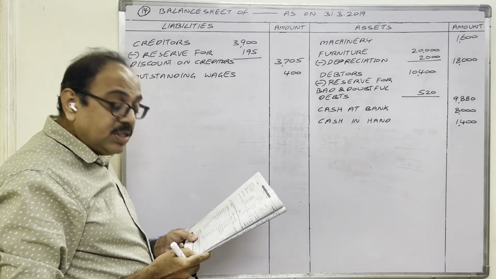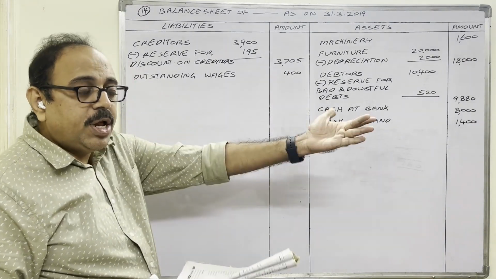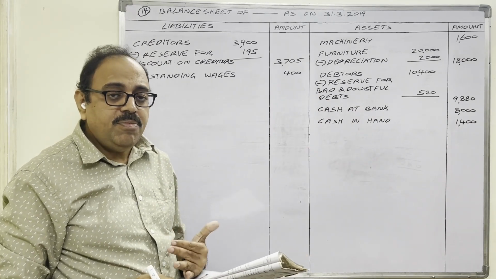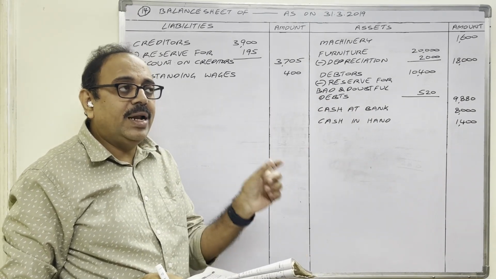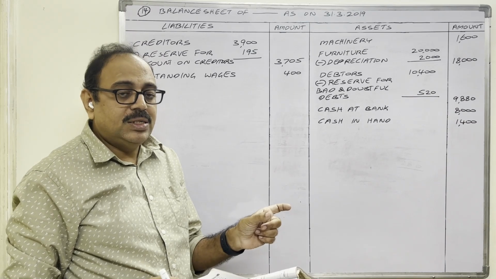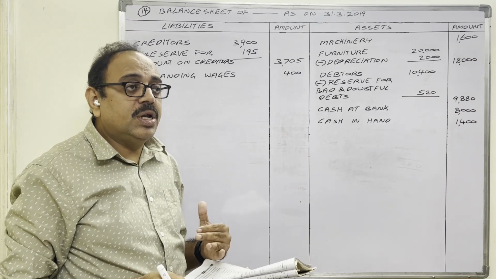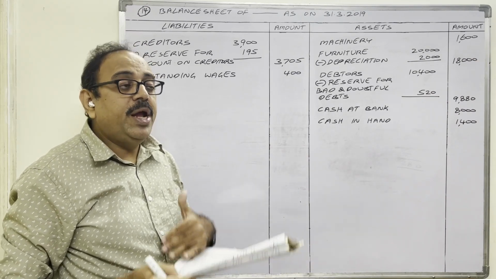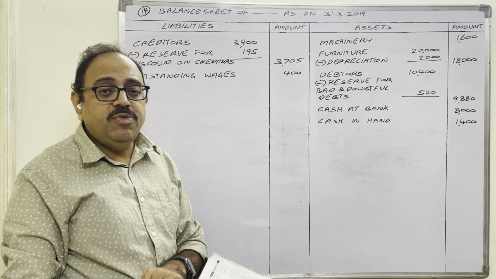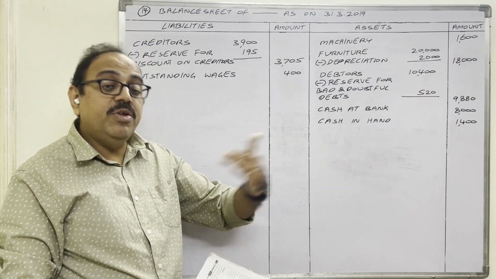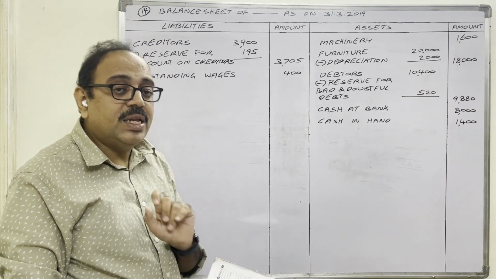Prepaid rent and taxes 380. So next year's money we paid now only. One time in the profit and loss account from rent and taxes we have subtracted. Second time this is an asset because without receiving the benefit we paid money to another party. In future the benefit should come from that party. Therefore it is an asset.